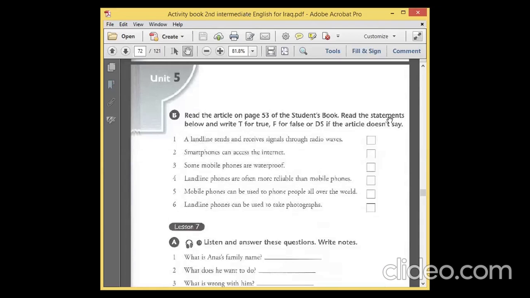It says read the article on page 53 of the student's book, read the statements below, and write T for true and F for false, or DS if the article doesn't say. So I think some of you have missed the article that we read on page 53 in the student's book. Let's read it again.